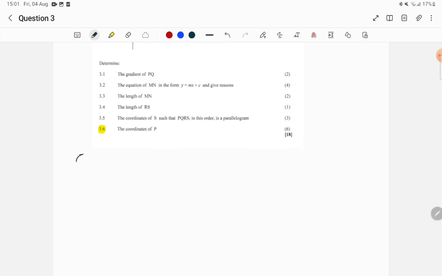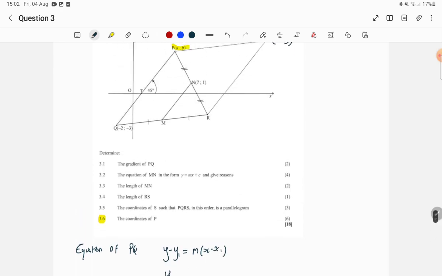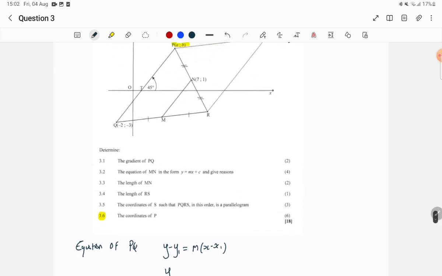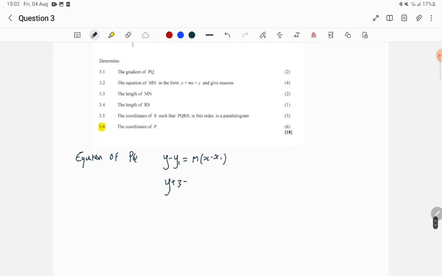So the equation of PQ, and we can use y minus y1, and in this instance this would be y plus 3, minus minus becomes a positive there, and x minus minus 2, so x plus 2. And that's how we end up with y is equal to x minus 1.